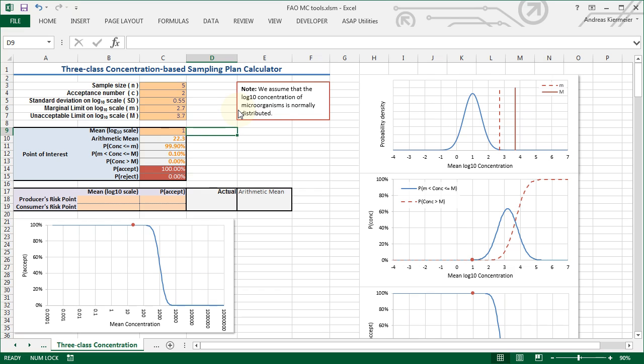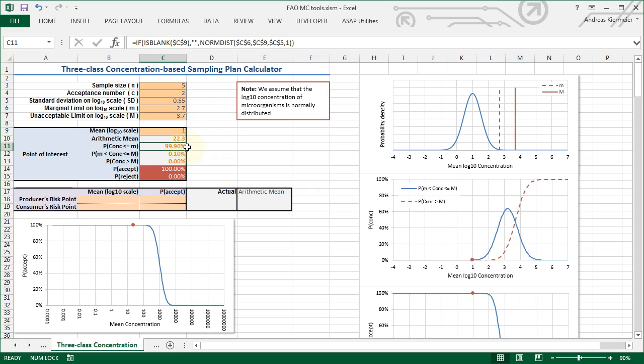Now, from the information displayed, we can see that the corresponding arithmetic mean is 22.3 and that there is a very large probability of analytical units falling below the marginal limit.